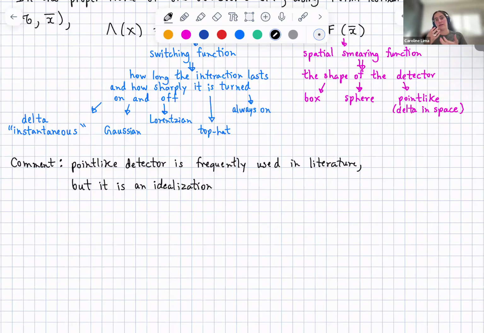That's how you would think of a point-like detector properly, right? Because realistically, you're going to have some dimension, if you think of an atom, for instance. So that's just an idealization, a simplification, a limit of a small detector of finite size.